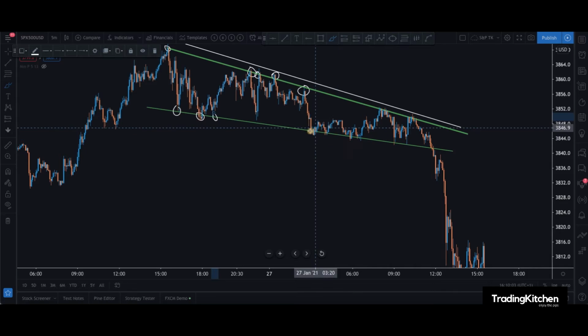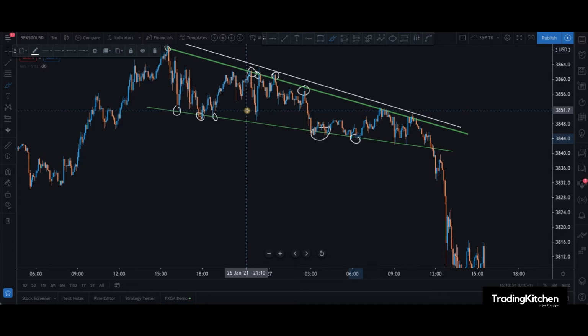This is a trend line. It doesn't need to be perfect, because we cannot enter at the perfect price, the perfect level from which price will make a reaction.